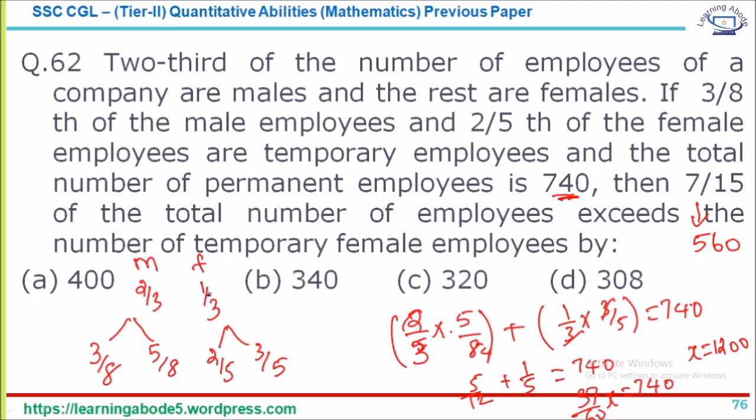In that, 2/5 of 400 is 160. So the number of temporary female employees is 160. So 560 minus 160, the difference is 400. That's answer option A for question number 62.